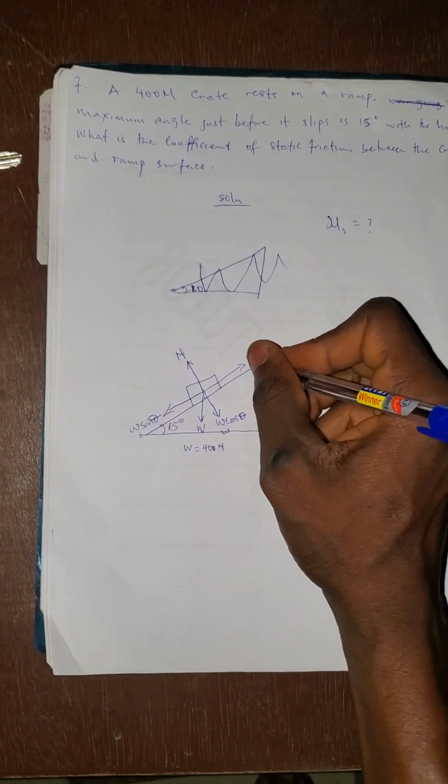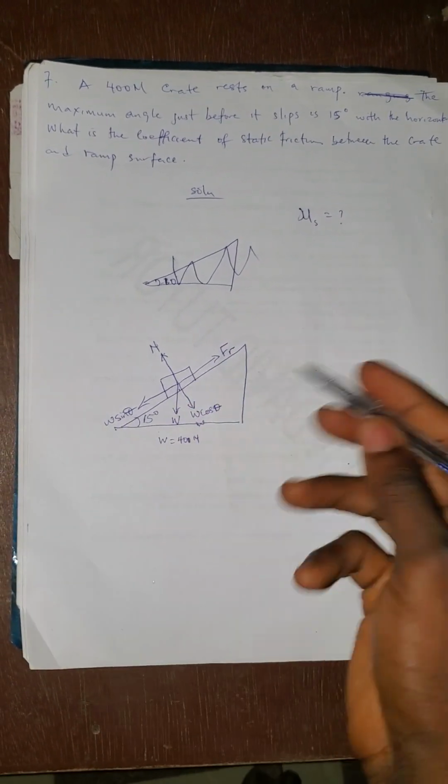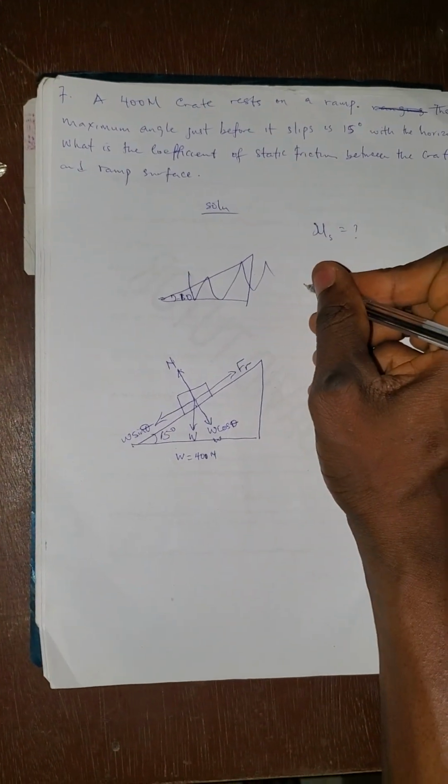And since it is coming down, it slips. Since it slips, the frictional force will be in this direction, opposing the force that makes it slip. Now you have your coefficients of friction.